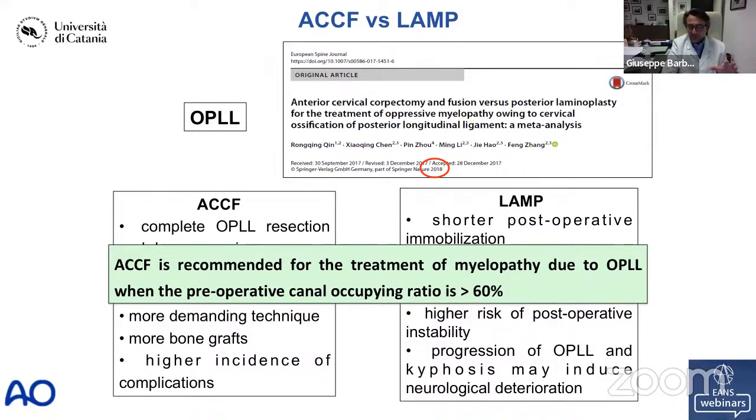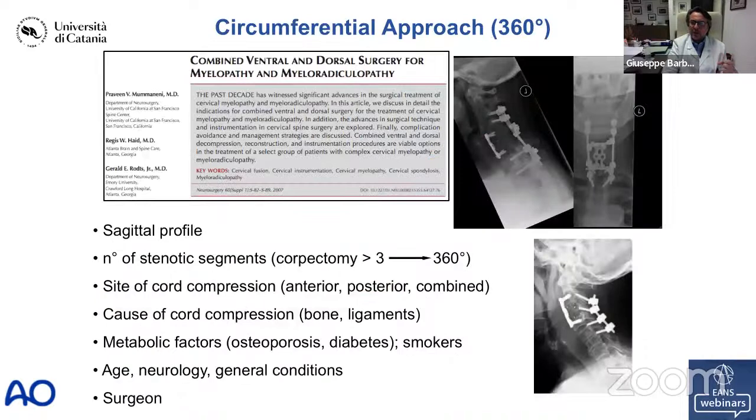If we are dealing with patients with OPLL but less than 60% of canal occupying ratio, then a posterior approach again is a good option.